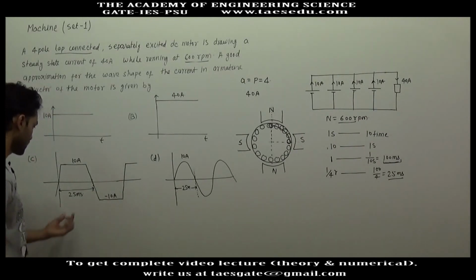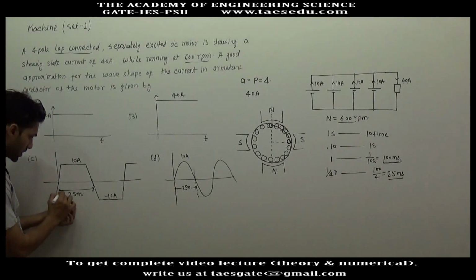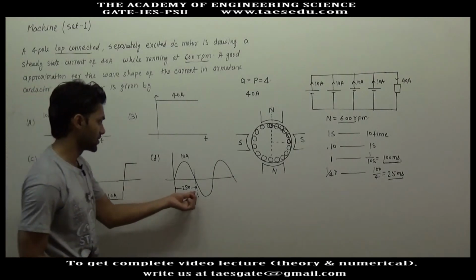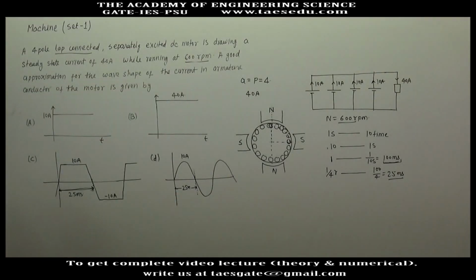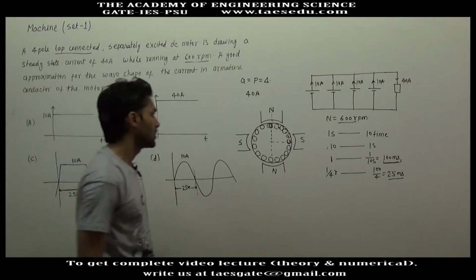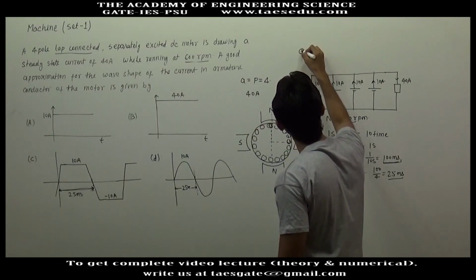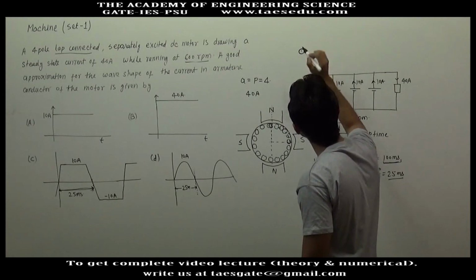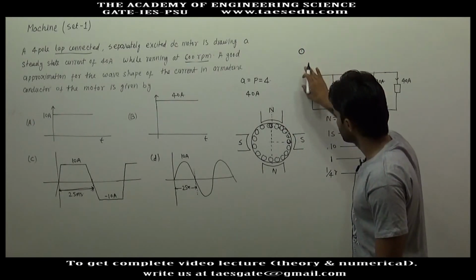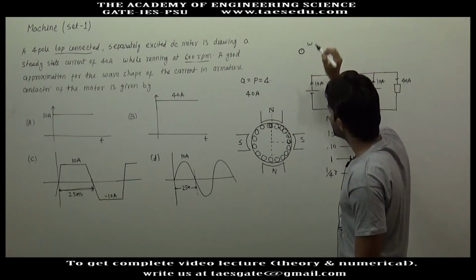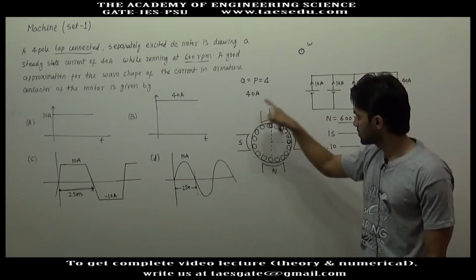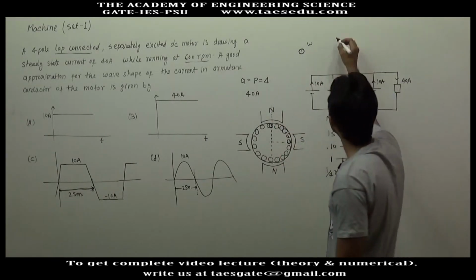So that's why the time 25 millisecond is mentioned here. Or we can also say that there are 4 poles, and each conductor at any time will be in the influence of one out of these 4 poles.